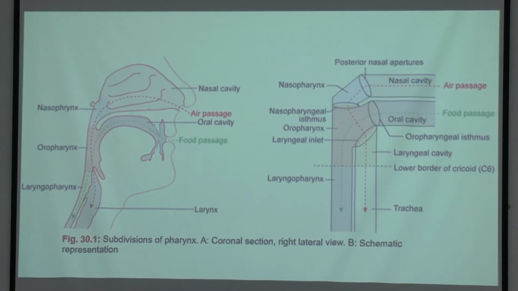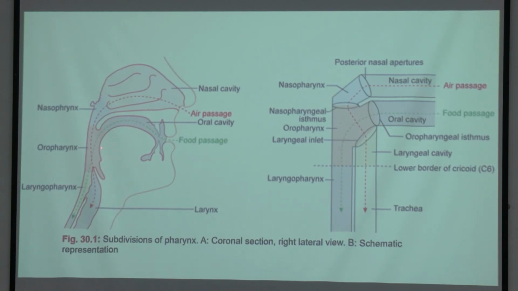Similarly, in front, in the oropharynx, we can find the oral cavity, and the communication between the oral cavity and the oropharynx is called the oropharyngeal isthmus. During the second stage of deglutition, we can find the tongue here.